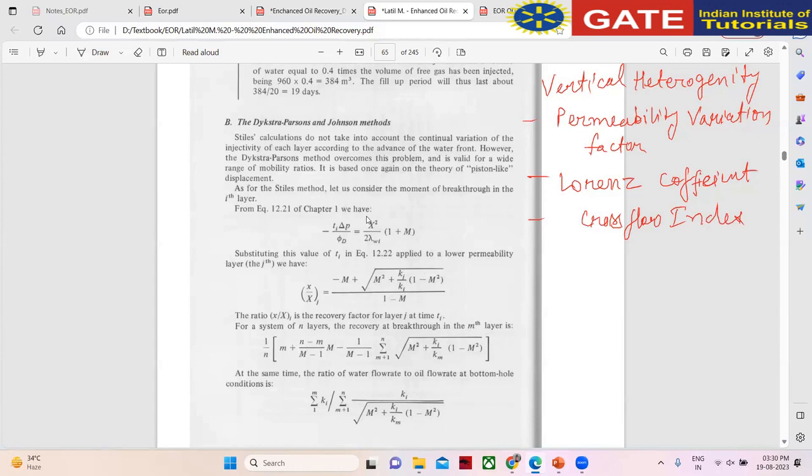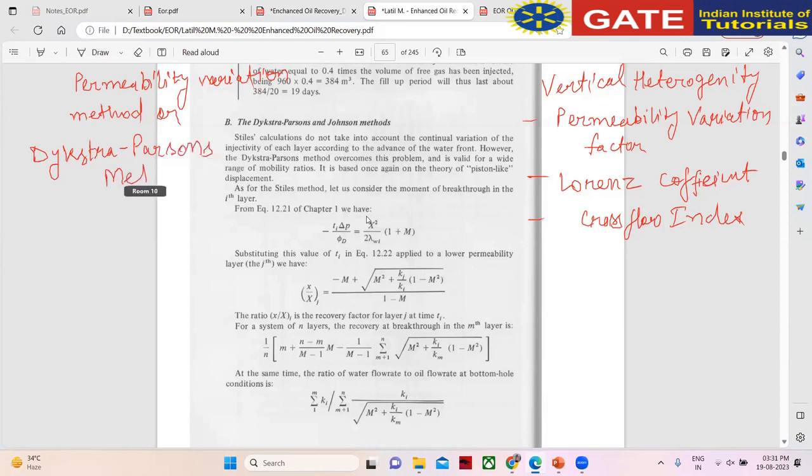The first method is the permeability variation method, or the DeCosta-Parkinson method. What happens in that method?